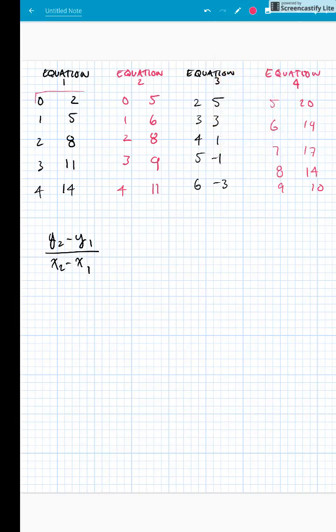So I would use this set with this set, and then this set with this set to see if they have the same slope. If they do, then they're linear. If you really want to be sure, you use this set with this set, and then the last set with the last set.